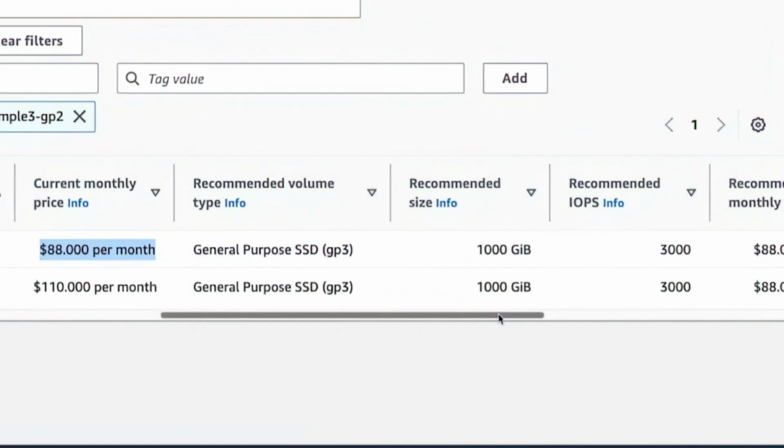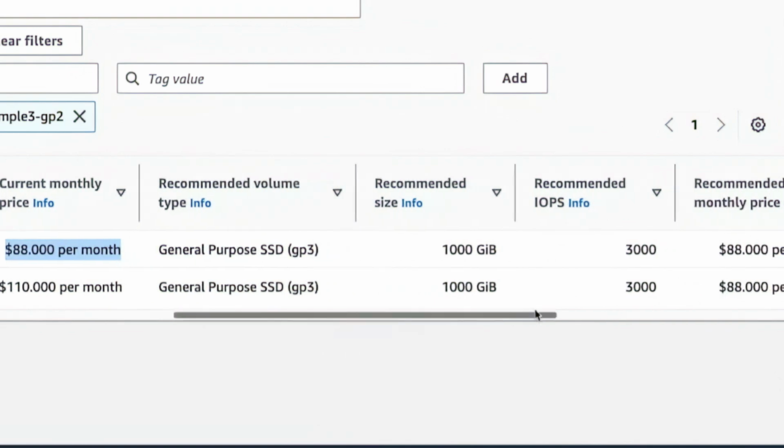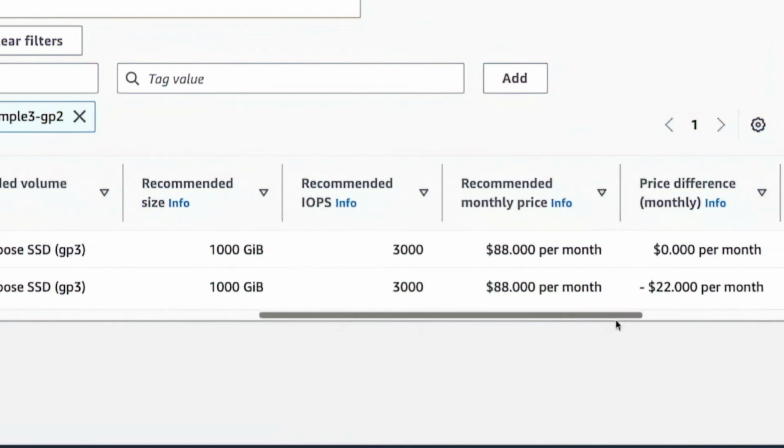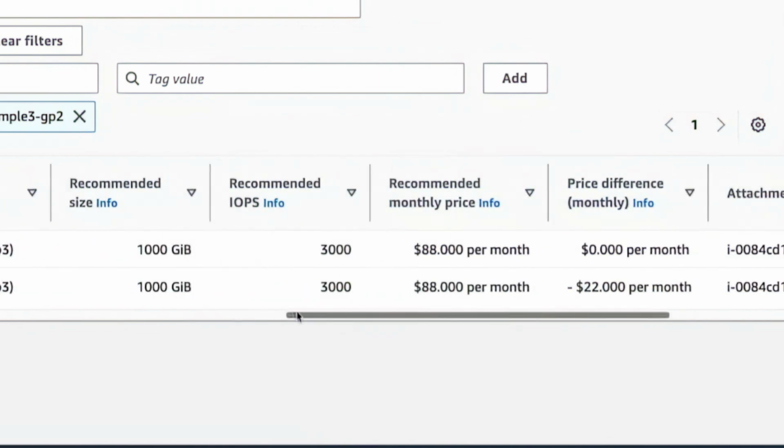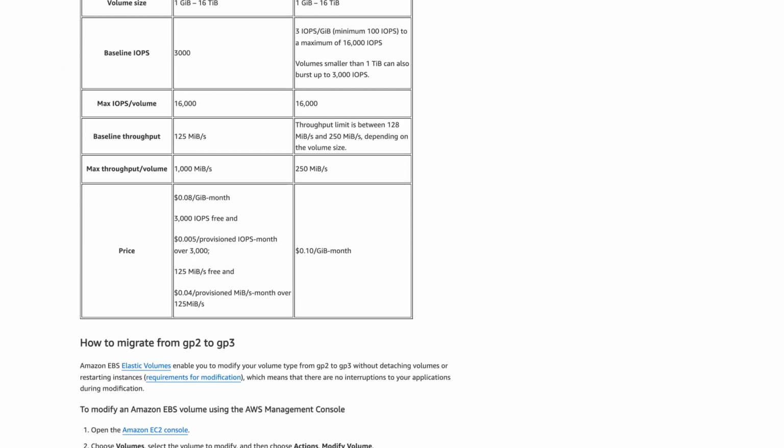So for this GP2 volume here, it's actually costing you more to run for the exact same spec. So if you were to change this GP2 to a GP3 and don't touch the IOPS, you're going to pay less and save yourself just over $20 per month, which is that 20% savings that AWS mentions in the documentation by converting from GP2 to GP3.